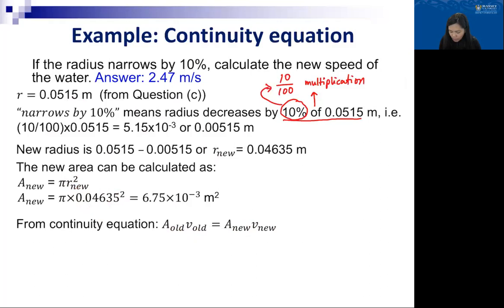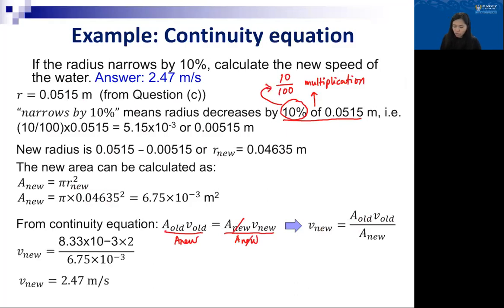Okay, so we rearrange this equation. We want to isolate the speed, and so we divide both sides by the new area, so that the new area is canceled out, and we have this rearranged equation for the speed. And it's just a matter of substituting the numbers.